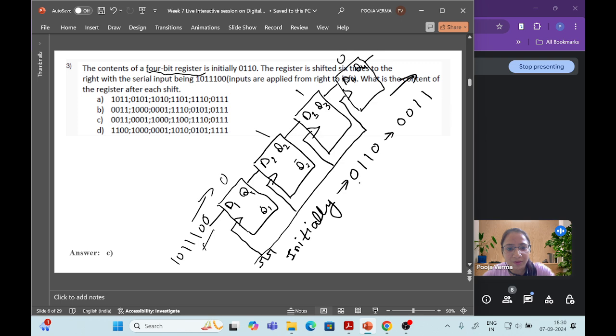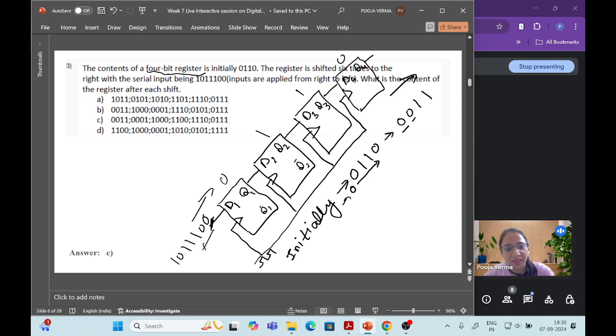Because it will shift to this side. So when the input comes, it will shift to this side. Here the input is 0 first, so it will shift this side and that 0 will be there, and the next bits shift from this flip-flop to this flip-flop to this flip-flop.